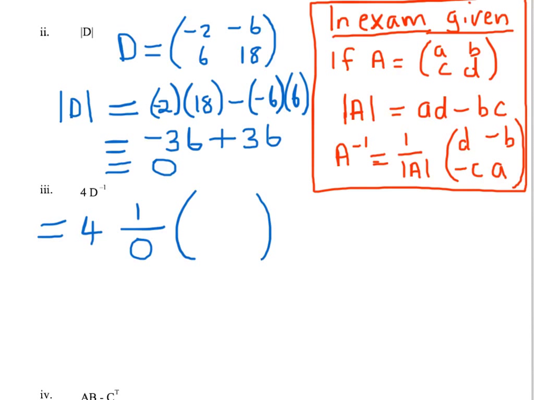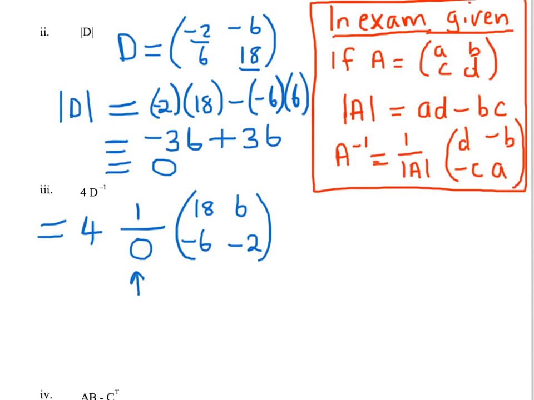And what you do is you reorganize the values within the matrix. These two values here we swap, so you write 18 here and minus 2 here. And these two values here, you change the sign of them, or multiply by minus 1. So this value will become a plus 6 and this will become a minus 6.